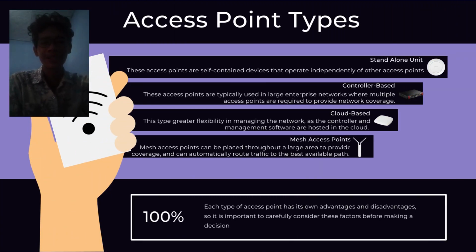And now we're going to talk about access point types. There are 4 access point types. Number 1 is the stand-alone unit. This type of access point is a self-contained device that operates independently of other access points. Number 2, controller-based. These types are usually used in large enterprise networks, where multiple access points are required to provide network coverage. And then we have the cloud-based access point.